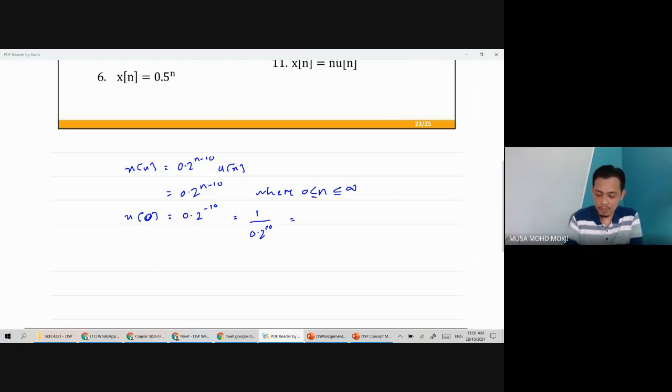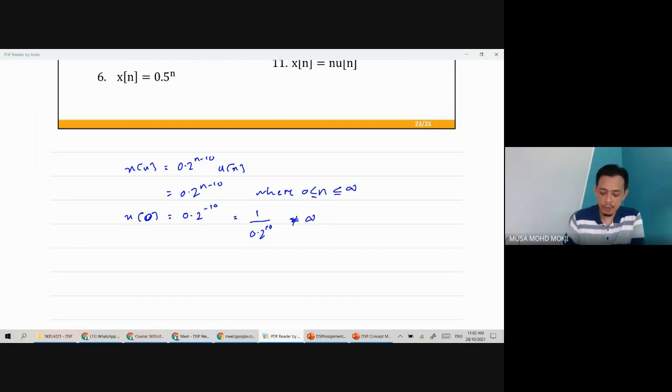Can someone do that on a calculator? Actually this is quite a big number, but not infinity. Maybe that number is 9765626, but not infinity. So this is still bounded.